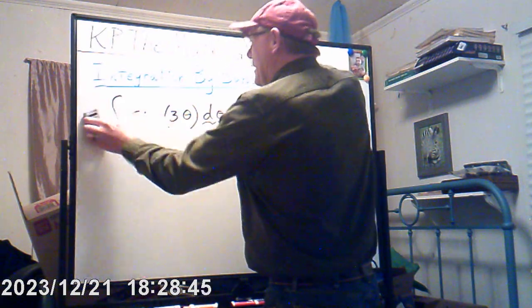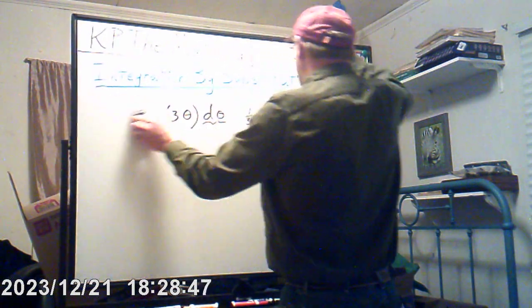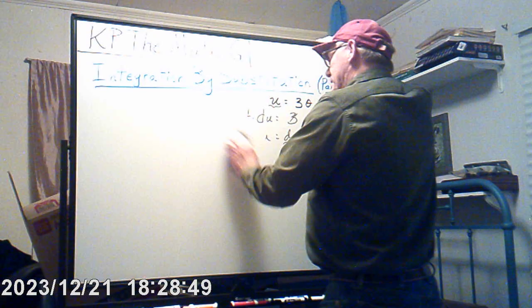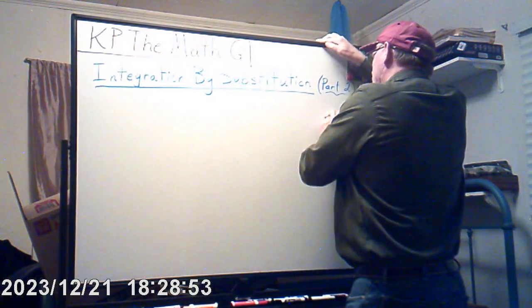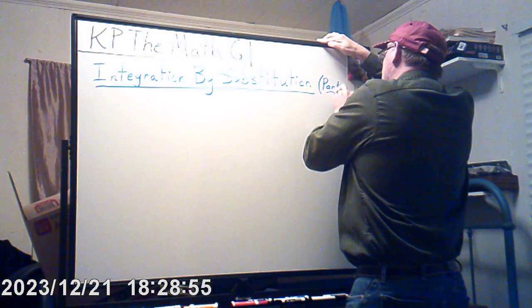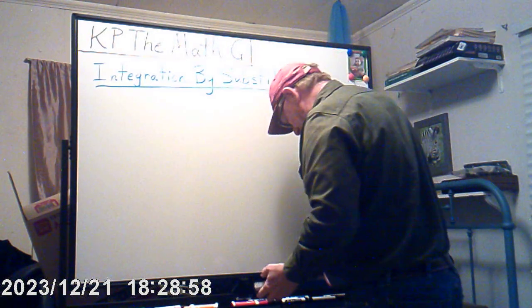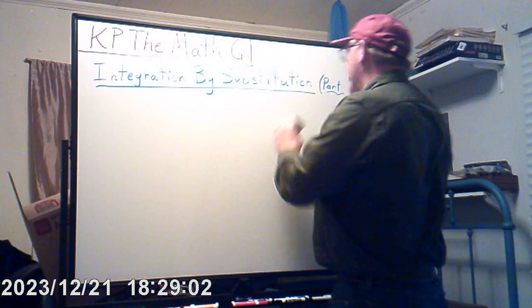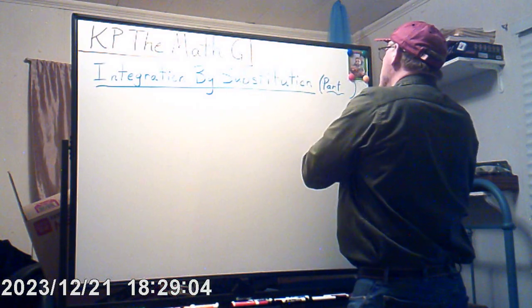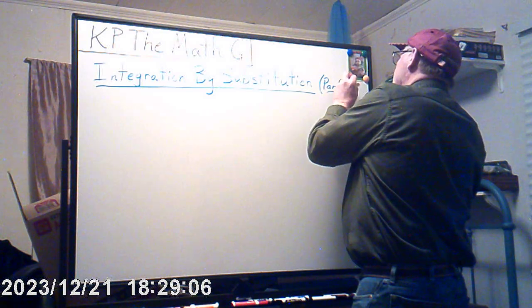Now, let me rewrite this. I've got part 2 written here that now is part 3. So let's erase that 2 right there, and let's get the same color I had from before, and put down part 3.